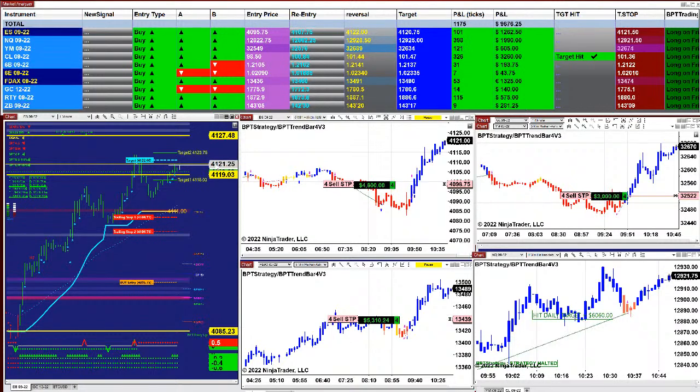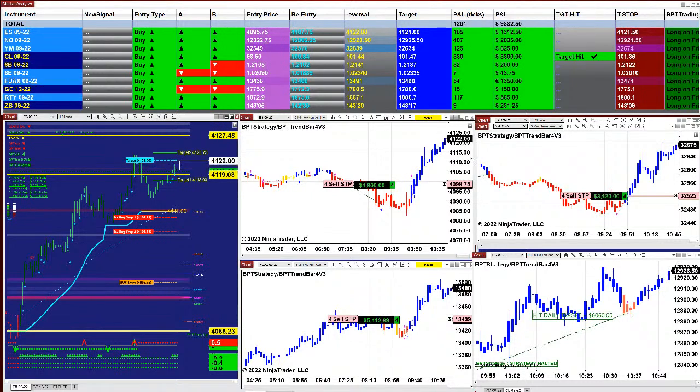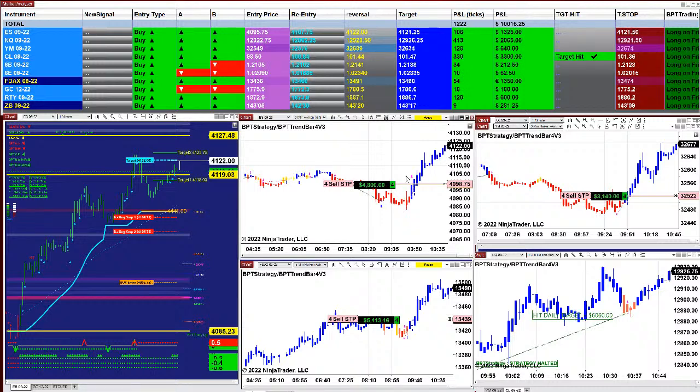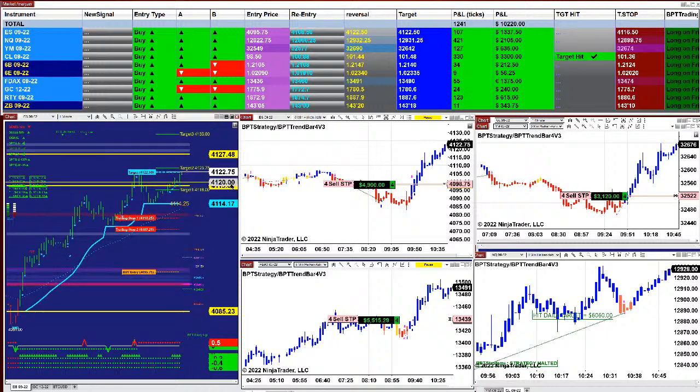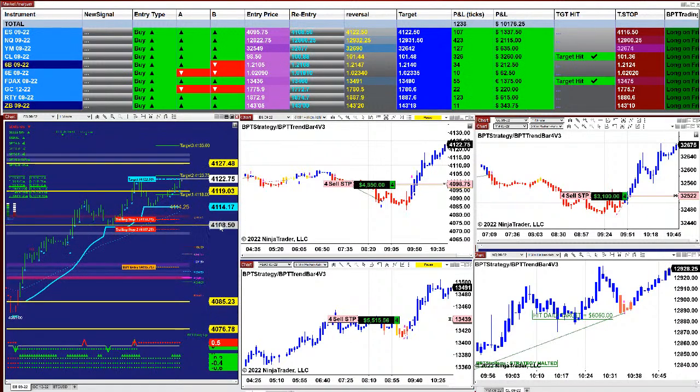This is why it's so important. When we are occupying ourselves with P&L, 4,000, 5,000, 6,000, okay. When our eye is not on this chart, when we look at this number 4122, it does not tell us anything.